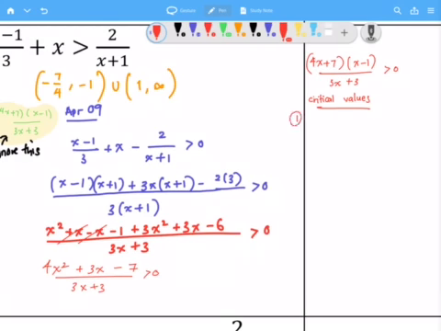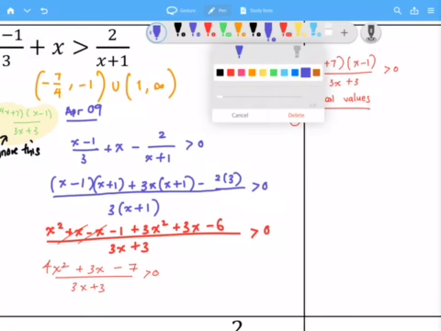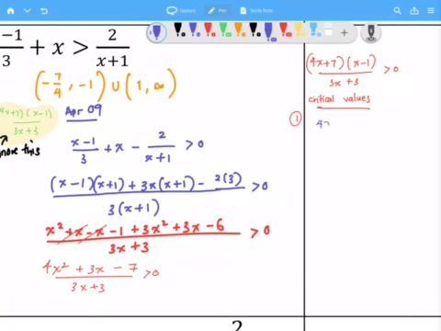We start off with our first equation here. Okay, let's change the color. 4x plus 7 equal to 0, so our x will be negative 7 over 4.